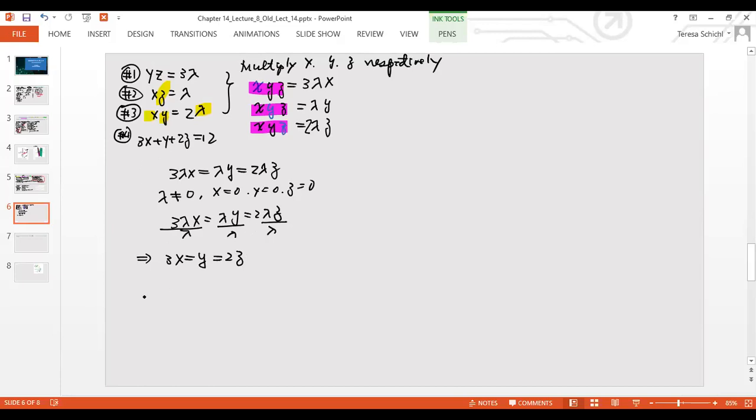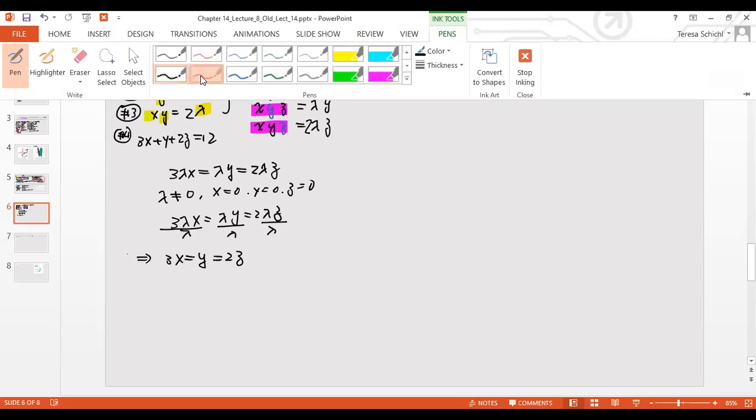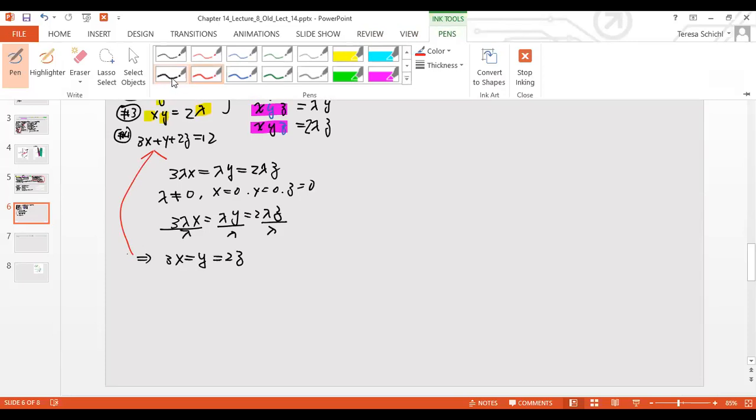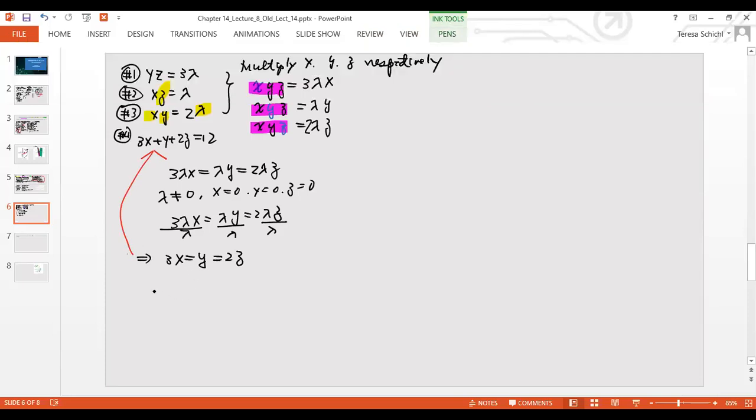Now I can substitute this into equation number 4. We have 3x plus y plus 2z equal to 12. Because 3x equals y, this is y plus y, and 2z equals y, so plus y, equal to 12. So 3y equals 12, and y equals 4.